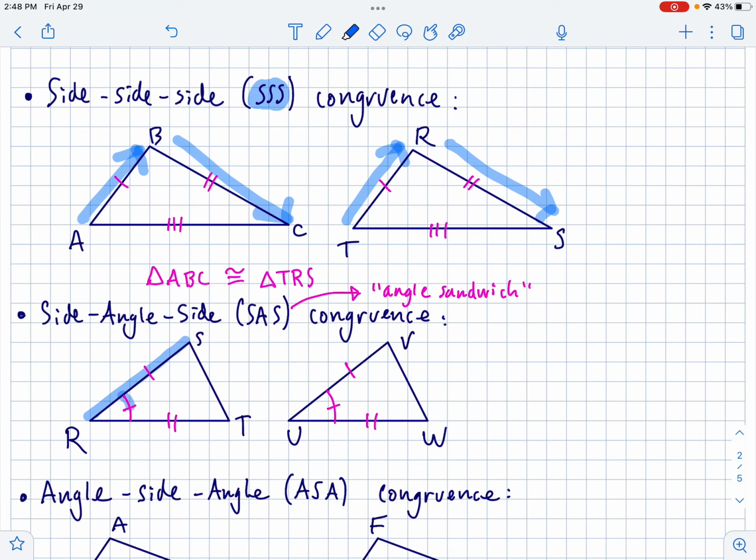Do you see how this side, this angle, and this side, that the angle is sandwiched between the two sides? If you have an angle sandwich in both of them where it's side, angle, side, and they all match up and are congruent, you can say that the two triangles are fully congruent. So this would be triangle RST is congruent to triangle UVW.